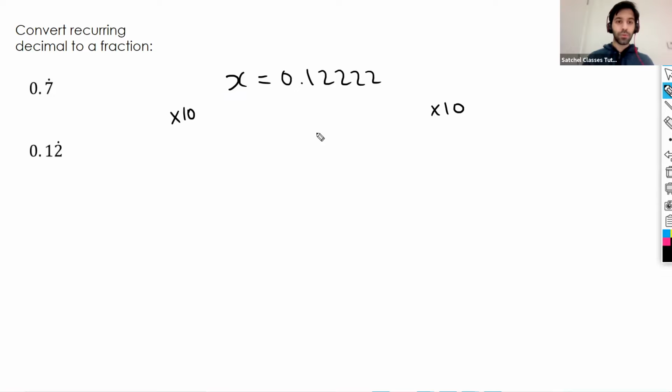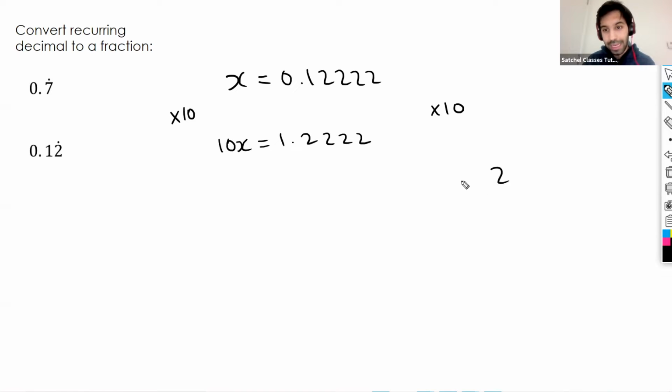So what this will give me is 10x is equal to 1.222 recurring. Now notice I can't subtract the 2 equations away from each other, because the recurring decimals aren't going to be equal to 0.